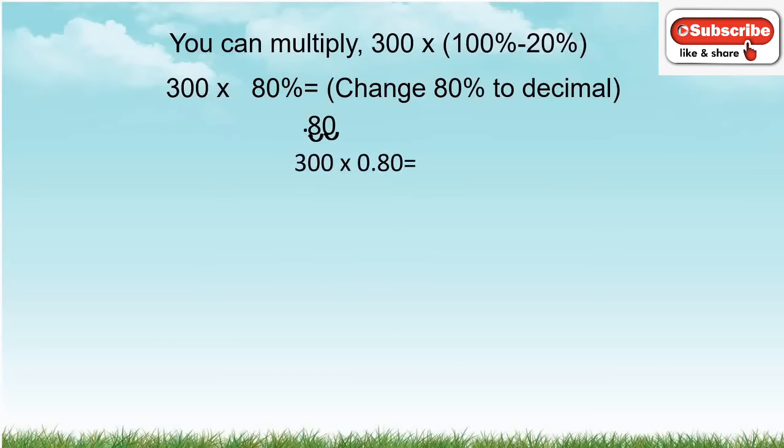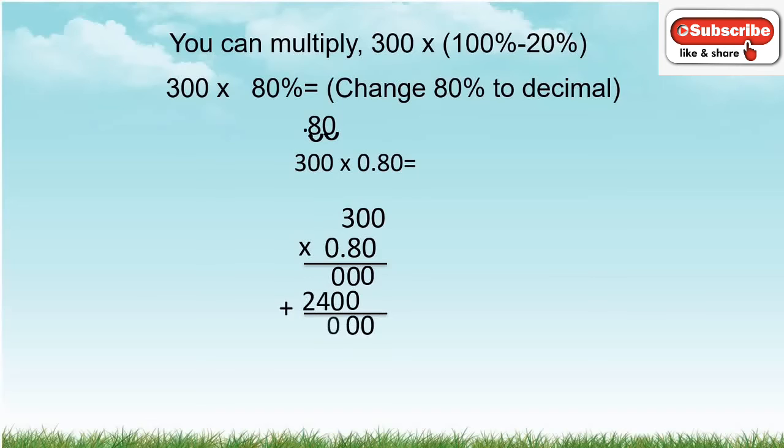Then multiply. 0 times 0 is equal to 0. 0 times 0 is 0. 0 times 8 is 0. 8 times 0 is 0. 8 times 0 is equal to 0. And 8 times 3 is equal to 24. Then add. Bring down 0. 0 plus 0 is equal to 0.